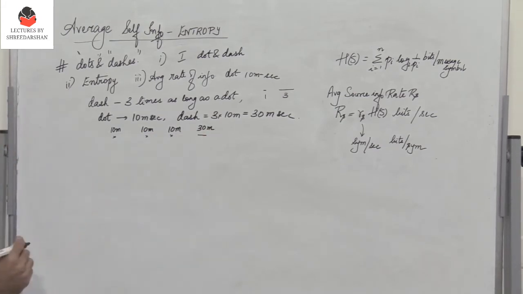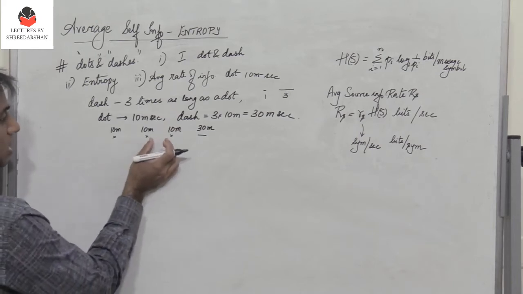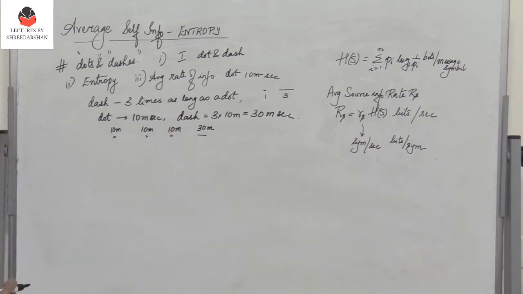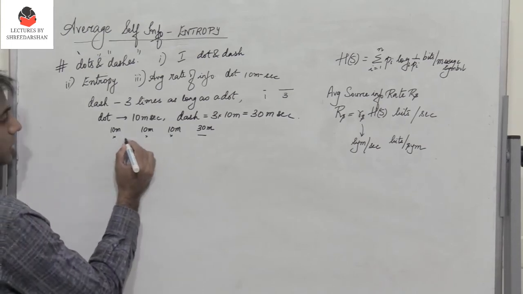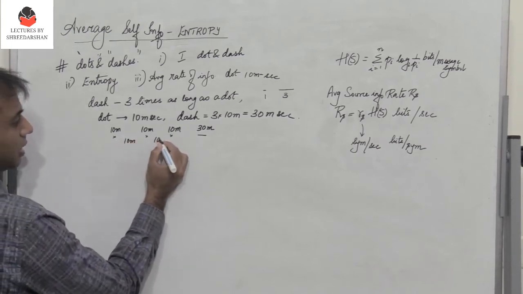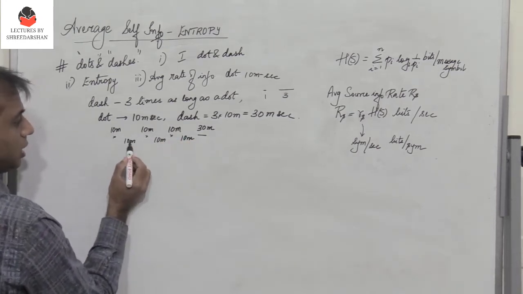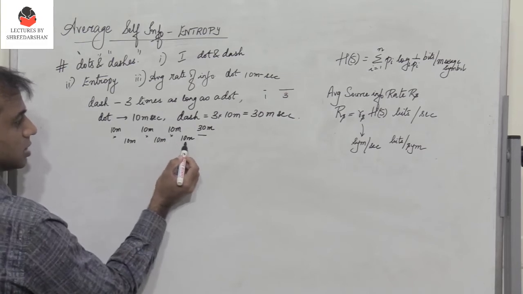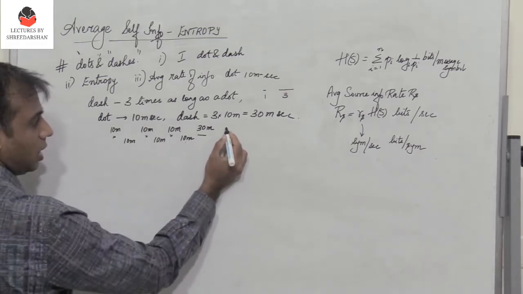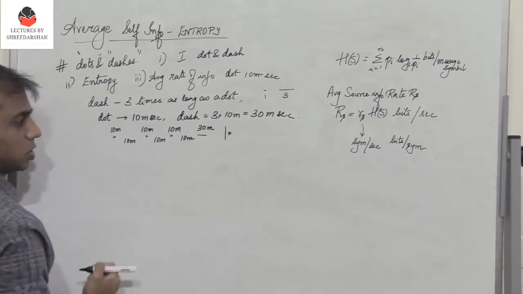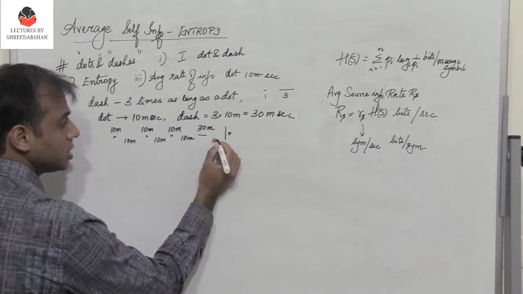And what is being given? That there is a gap of 10 milliseconds between the occurrence of any two symbols. So between these two is 10, again I have 10, again I have 10. So you have 10, 20, 30, 40, 50, 60, 70, 80, 90. And then let's assume that I have a dot, so again I would have 10 milli.